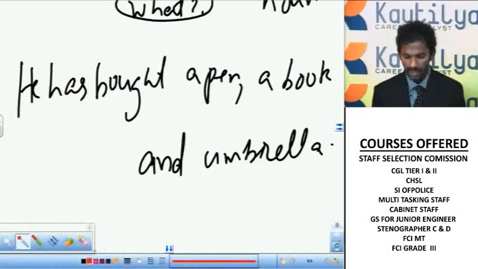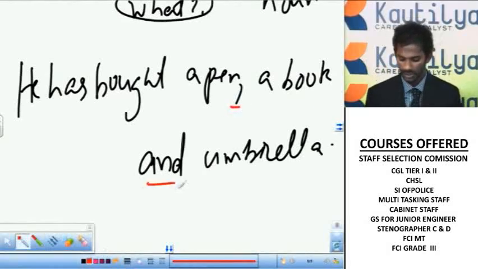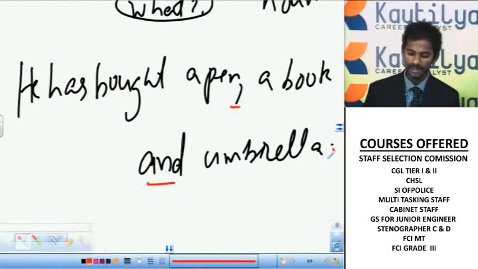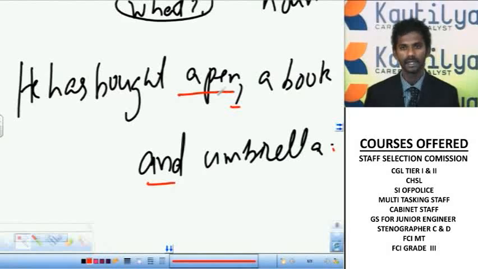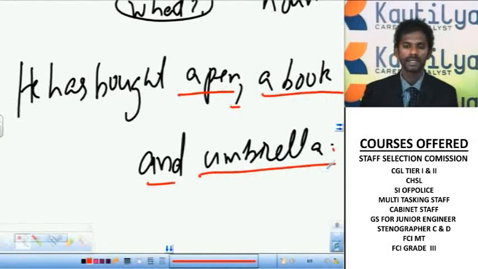There are 3 ideas in this sentence shown by the comma, conjunction and the full stop. First idea is a pen, single word, pen. Second idea is a book, book, single word. Third idea is umbrella. Umbrella is also a single word. So the concept of single word is fine in this sentence.